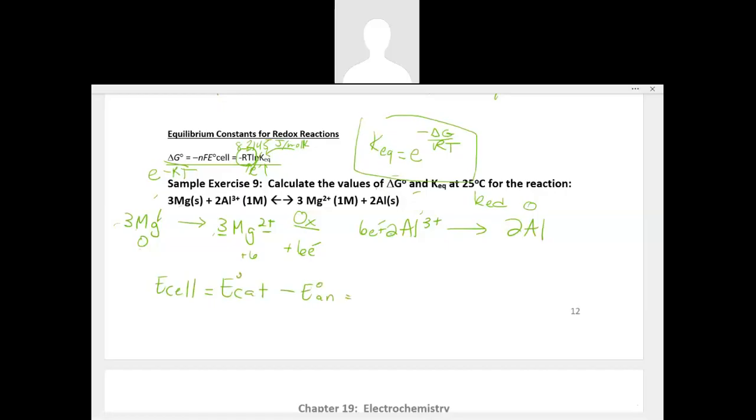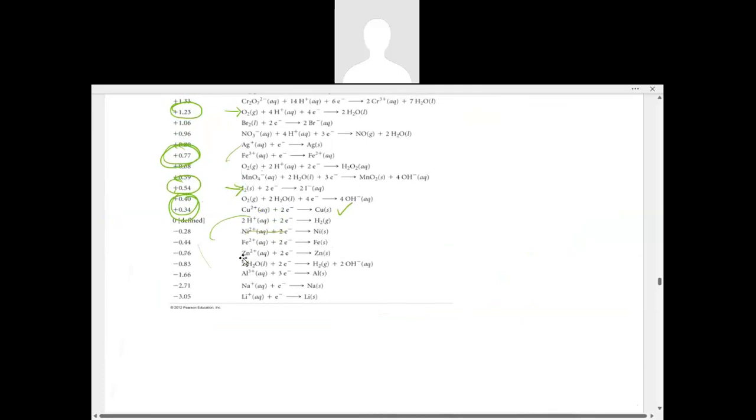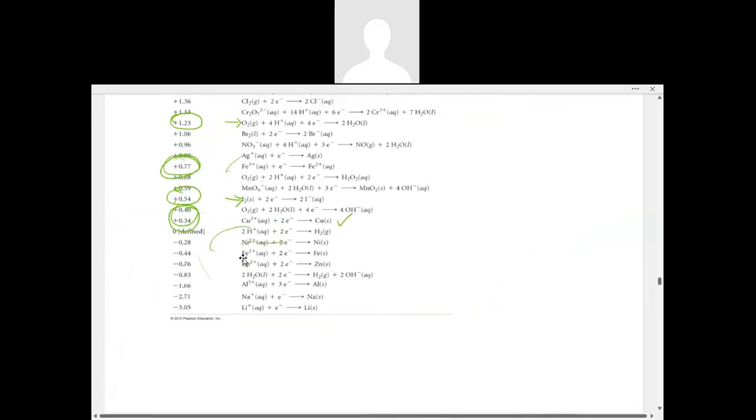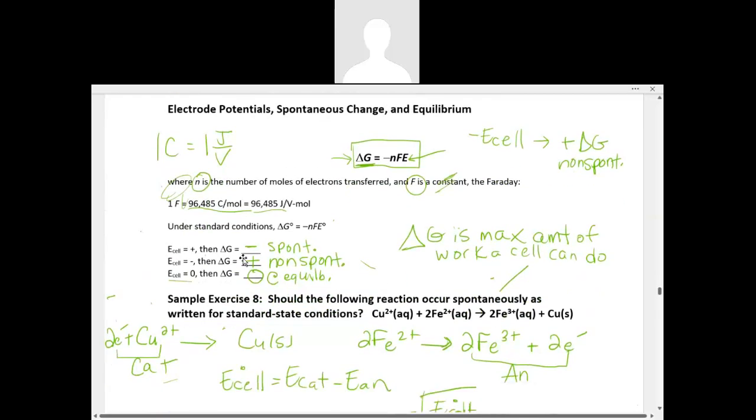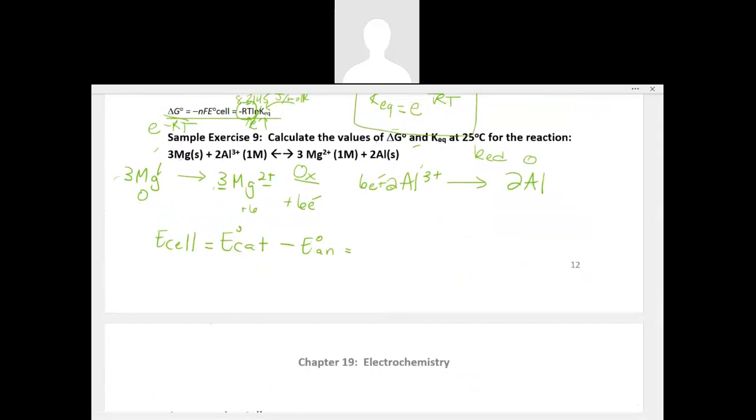I would have gone to my table and grabbed these values, so let's do that real quick. For aluminum, we have this down here, the negative 1.66 value. I will give you the value for magnesium because this is not on this table. So we have negative 1.66 for our reduction, which would be at our cathode here.